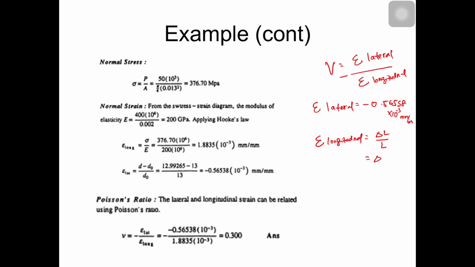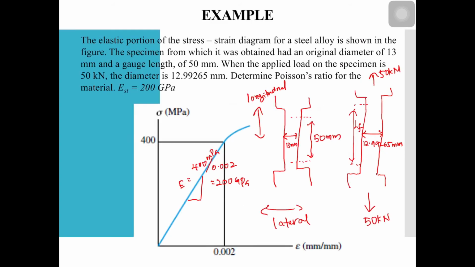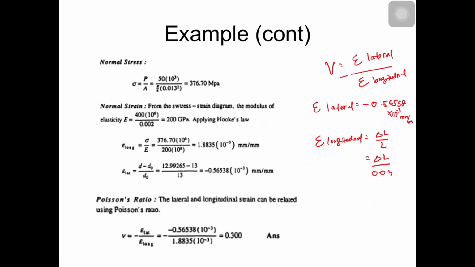Delta L over L, I think it's 50 mm, so 50 mm is around 0.05. And then this is L final over L initial, L initial is 0.05.